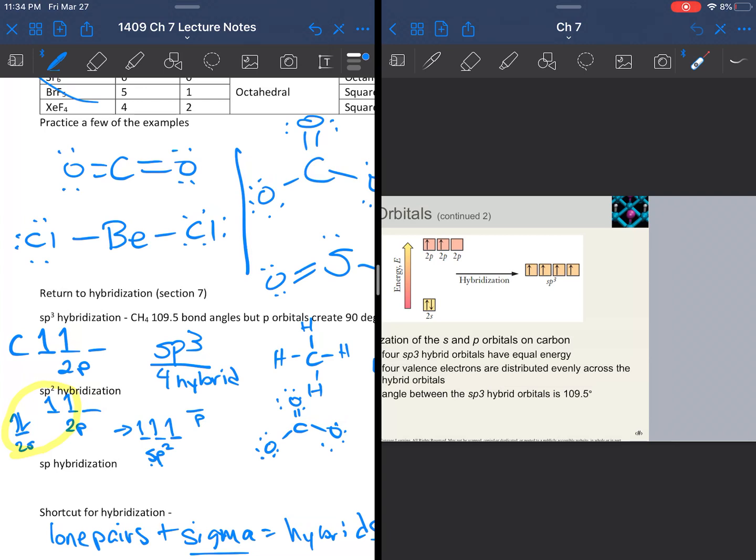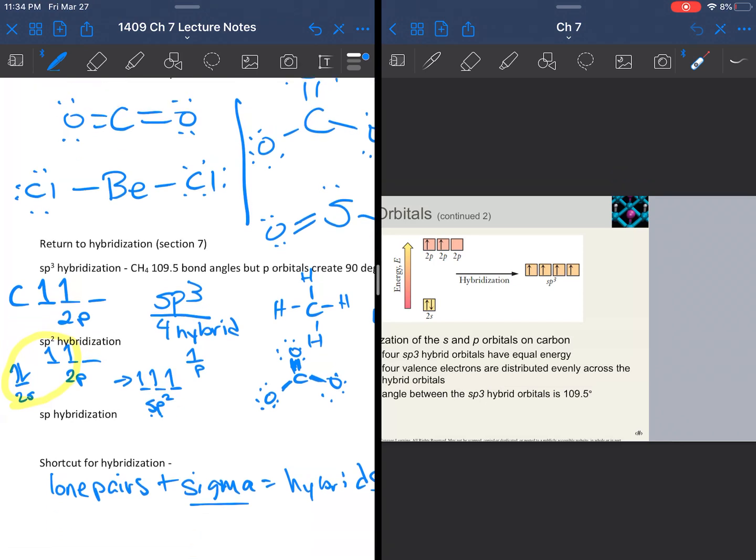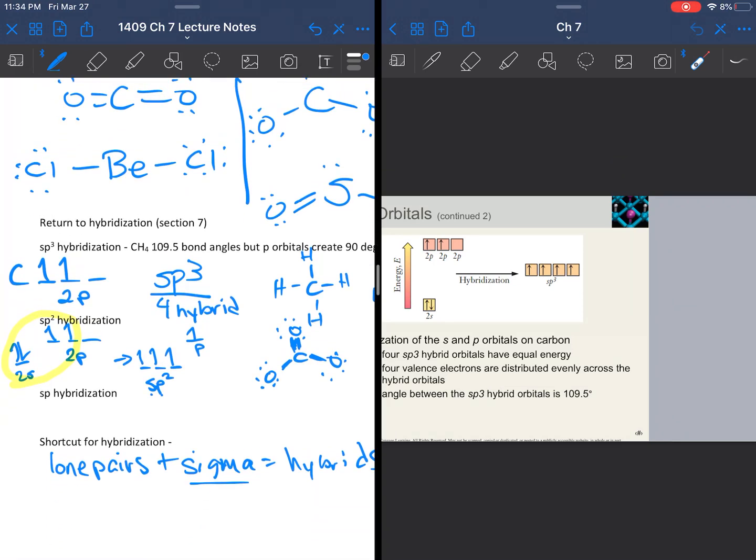So you're going to have 3 equal energy orbitals to make your sigma bonds over here, and you're going to have 1 p orbital to take care of the pi bond and the double bond. Anytime you have 3 sigma bonds, or a combination of sigma bonds and lone pairs that adds up to 3, it's going to be sp2 hybridized.